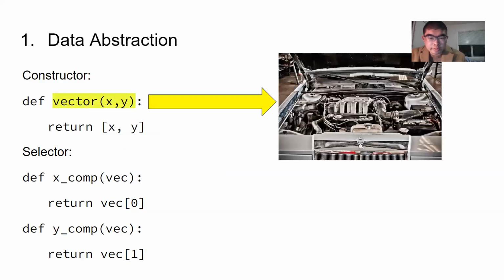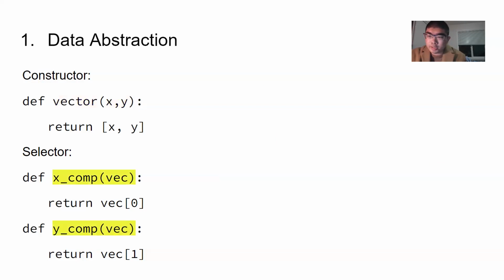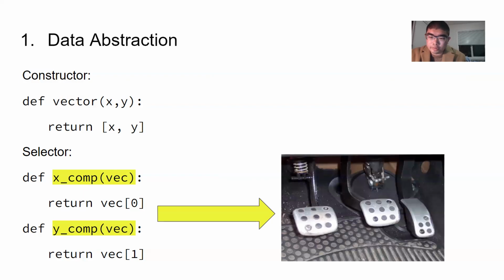The constructor is like the engine of the car. It's the very core, a machine that runs and does the task for you. But if you really want to use it, you have to use the clutch, gas pedal, and the brake.